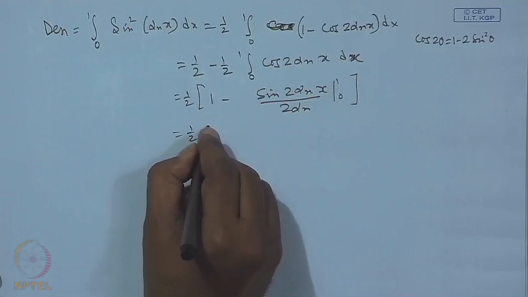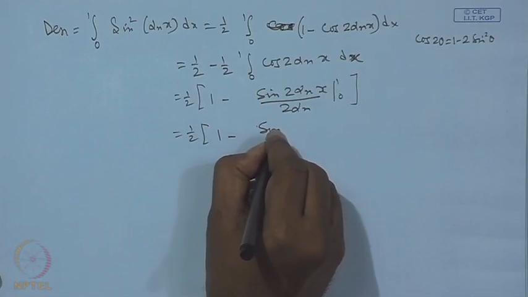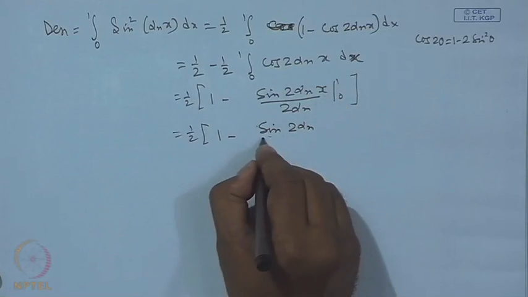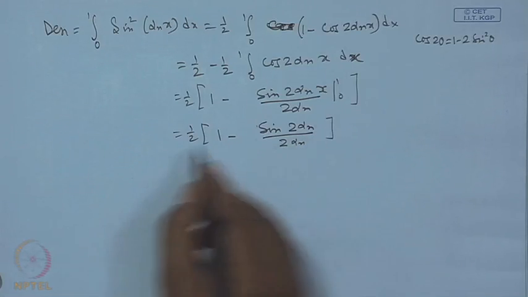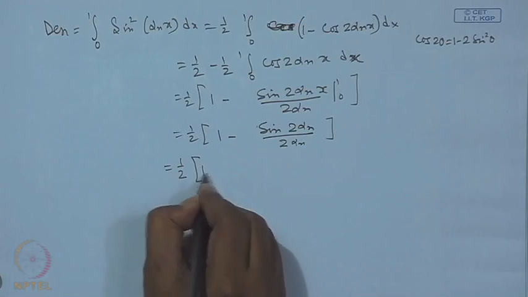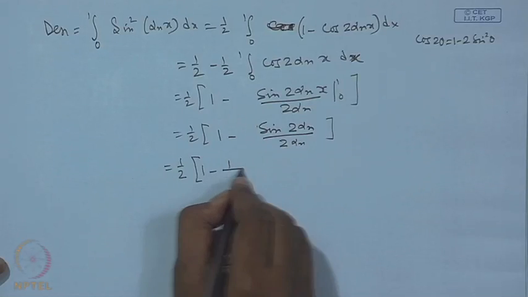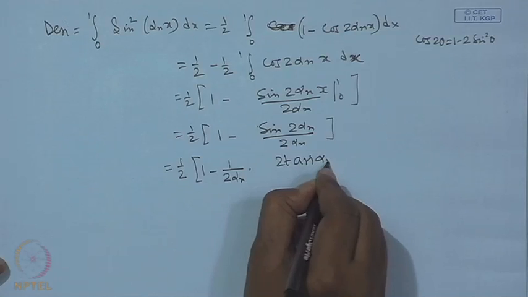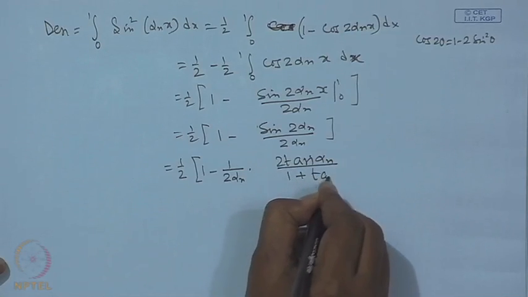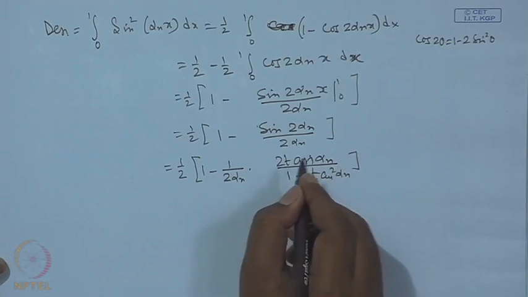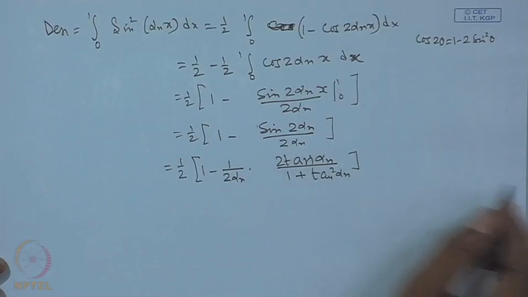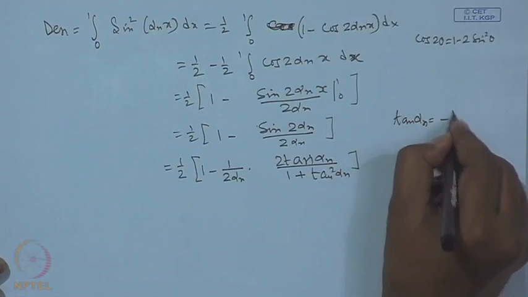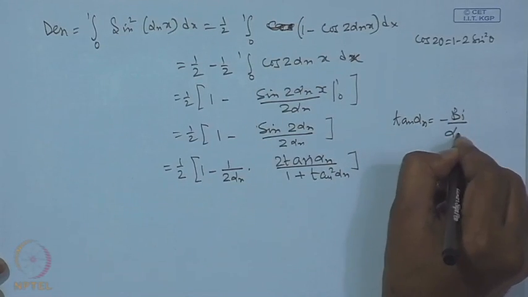So, this will be half, 1 minus sin 2 alpha n, we put x equal to 1, minus sin 0 which is 0, divided by 2 alpha n. And we express sin 2 alpha n in terms of tan alpha n. So, this becomes 2 tan alpha n divided by 1 plus tan square alpha n, and the transcendental equation must be satisfied: tan alpha n is equal to minus Biot Bi divided by alpha n.